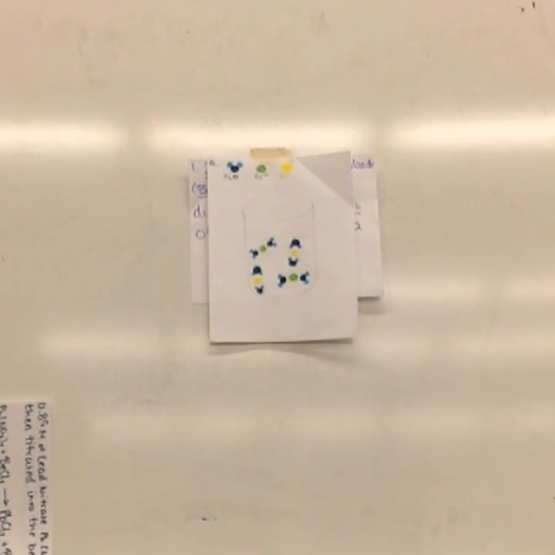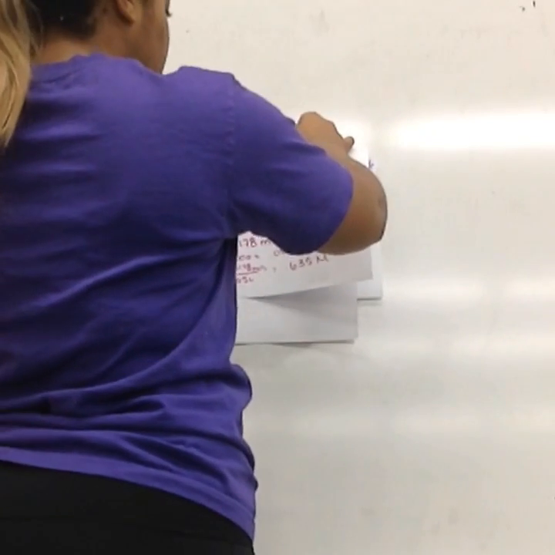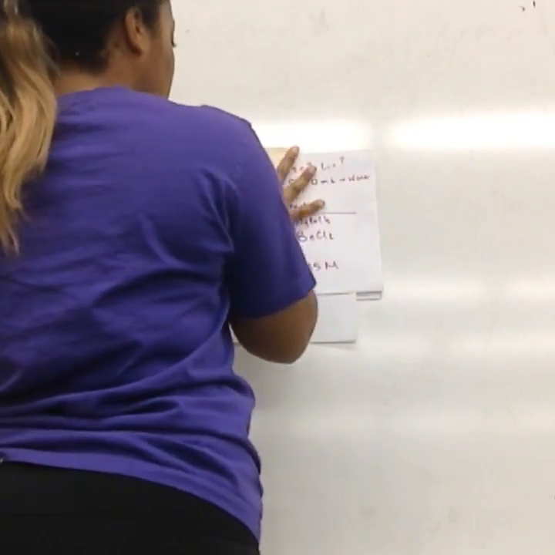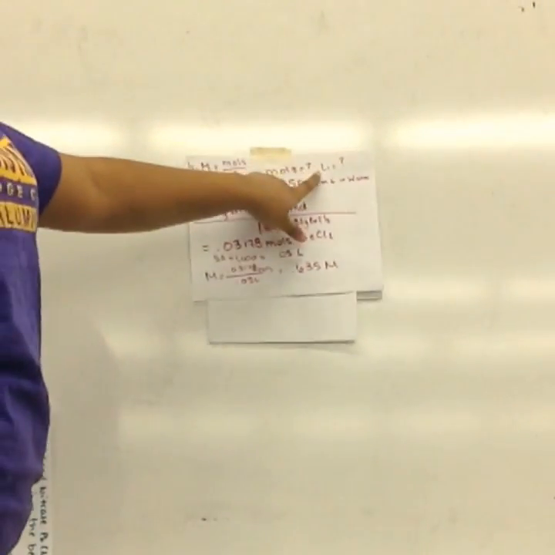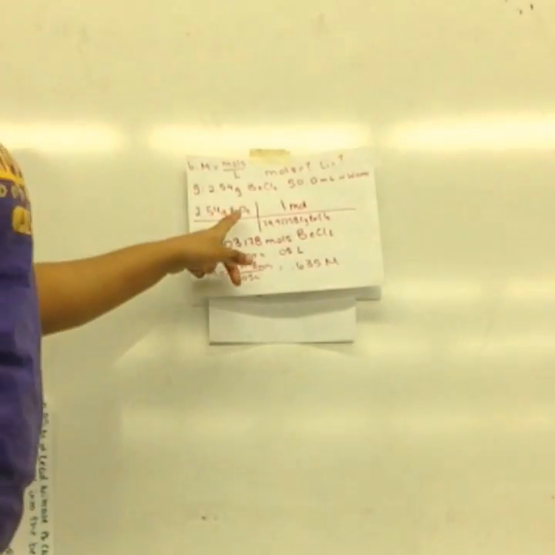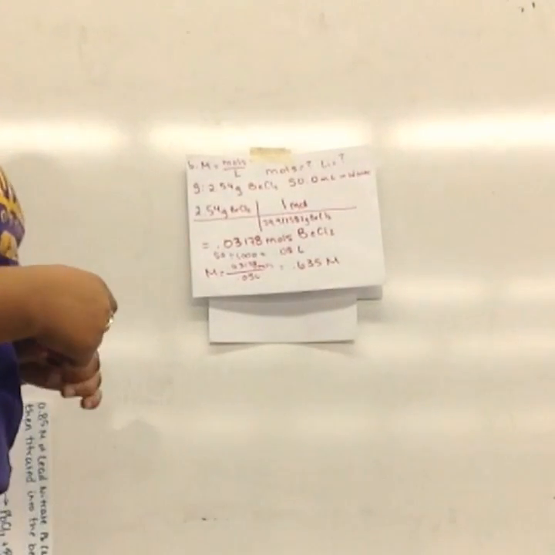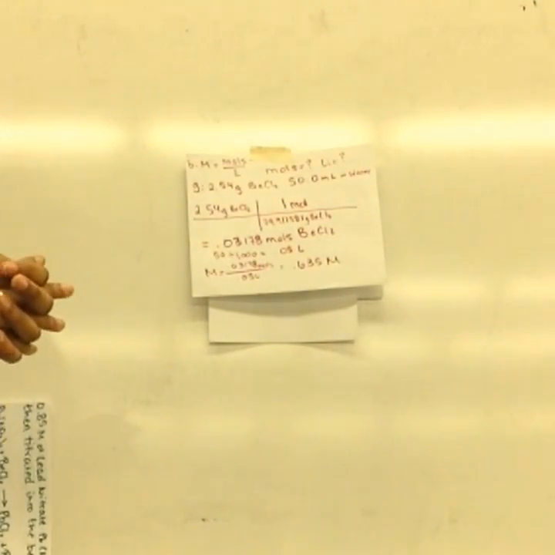Okay, next asks, what is the concentration of beryllium and chloride ions in the beaker? So here we're giving the concentration as molarity, so moles over liters, and we don't know our moles or our liters. We have 2.54 grams of beryllium chloride, and we have 50 milliliters of water.